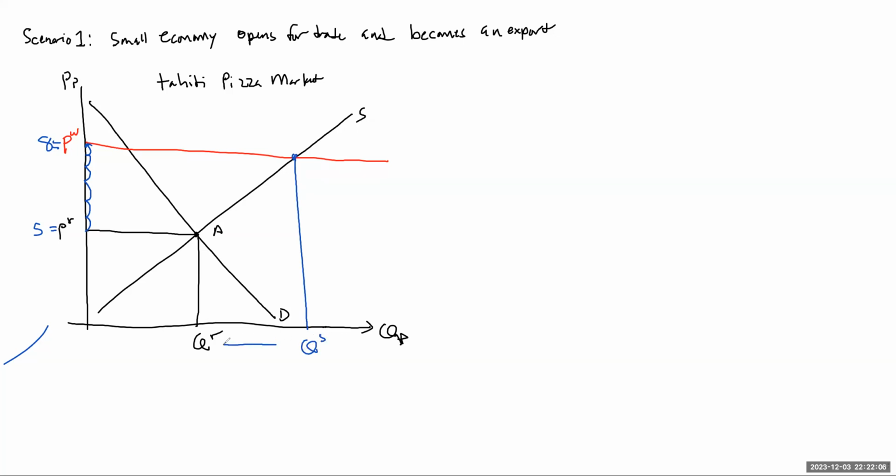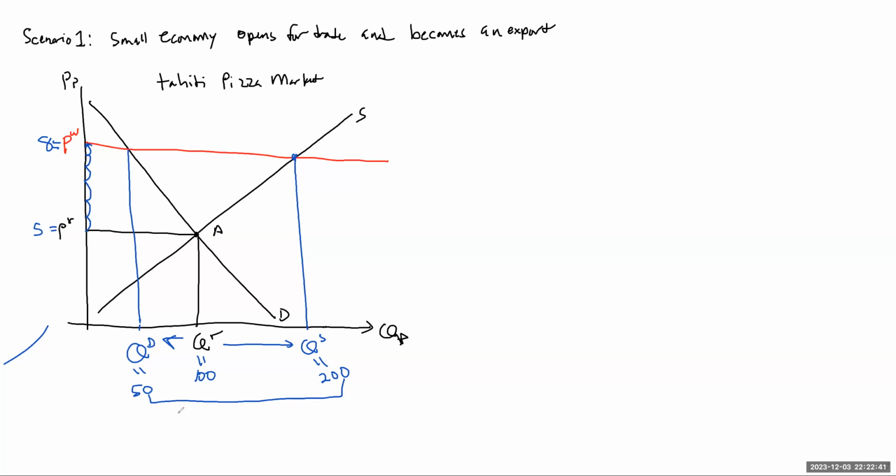Quantity supplied is going to go out here, but quantity demanded in Tahiti is going to fall to here. Okay, so let's say at $5 there were 100 slices being bought and sold, but at $8 a slice, everybody and their grandmother wants to sell pizza. So let's say 200 slices are being made. Only 50 slices are sold domestically in Tahiti.